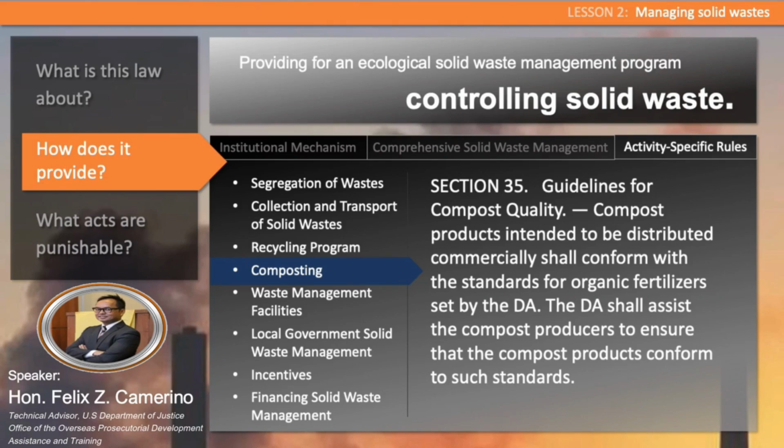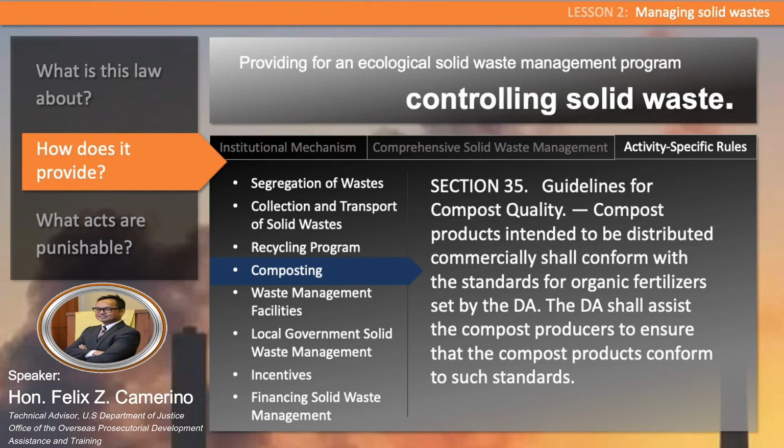So there would obviously be a need to reference the Department of Agriculture for that standard, and you would naturally do that to determine if this compost product is fit for commercial distribution. Okay, so again, the special rule provides for that. All right, so let's take a look at one more.